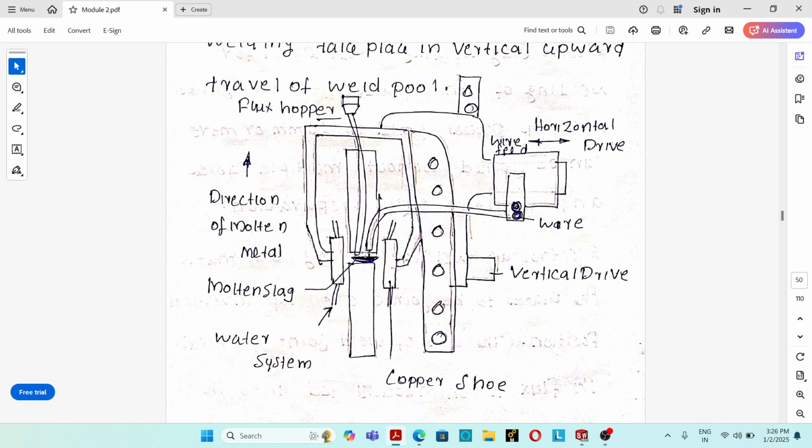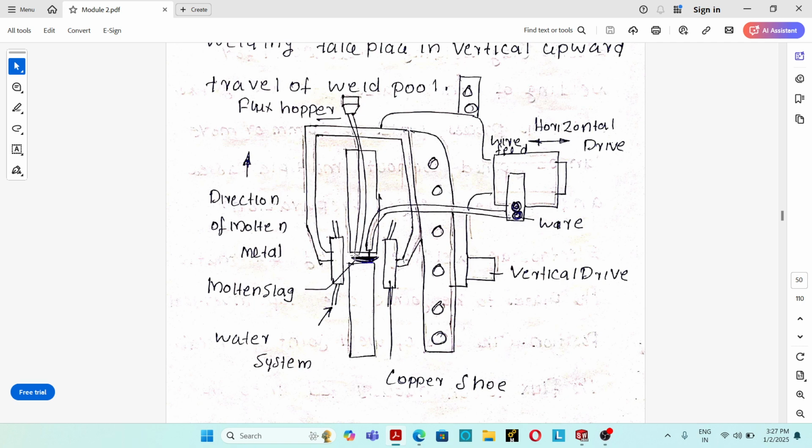The welding takes place in the vertical direction. On the two sides of the plate, water cooled copper shoes are placed. These water cooled copper shoes are used to increase the solidification rate of the welded joint. The copper shoes move upward as the welded joint moves upward, to increase the cooling rate.